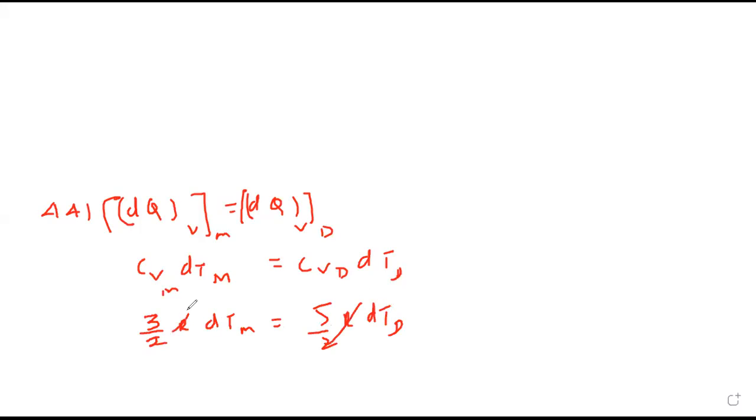Both sides R by 2 cancel. So change in temperature of monatomic is 5 by 3 change in diatomic. So change in temperature of mono is greater than change in temperature of di. Check.